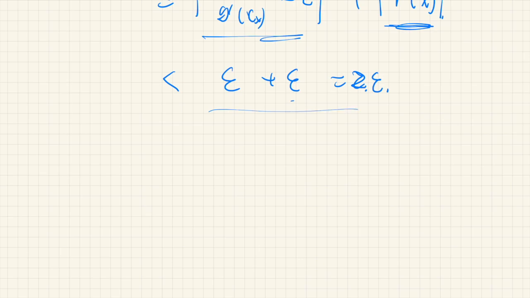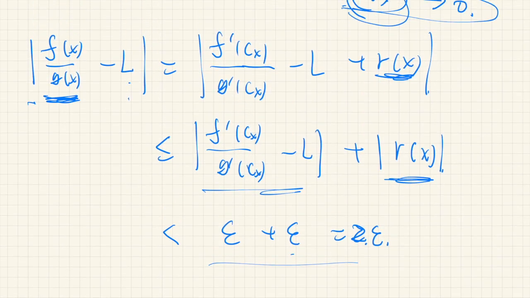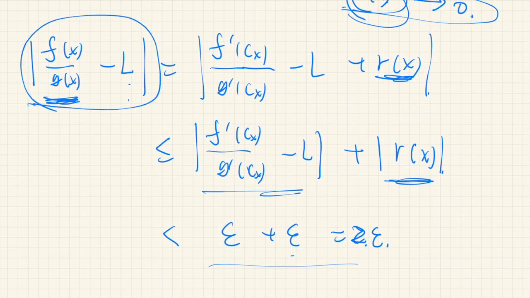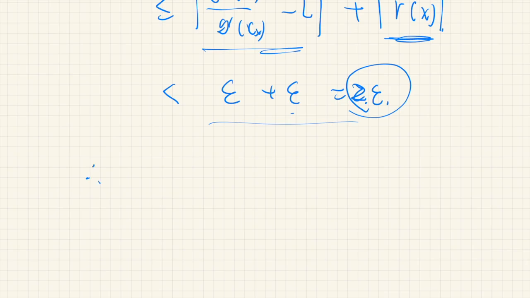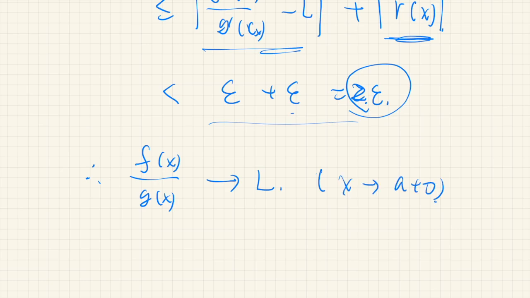That means this is less than some arbitrarily small positive number, and after all, we have this thing converges to L as x goes to a from the right, and we are done.